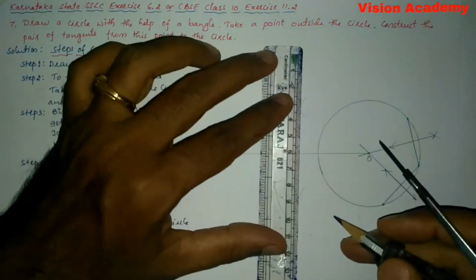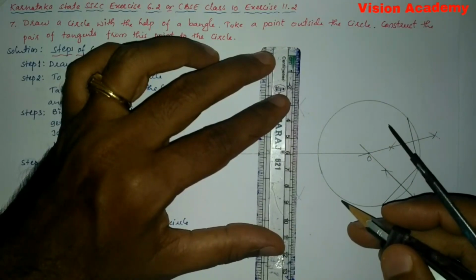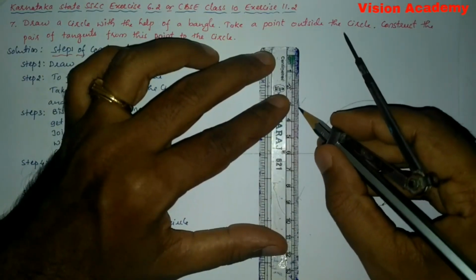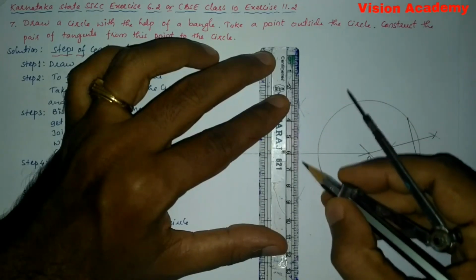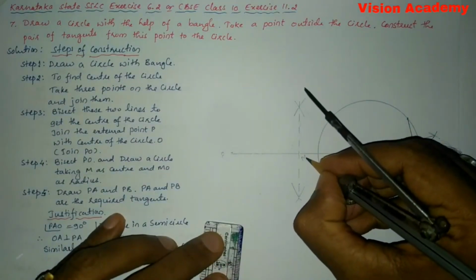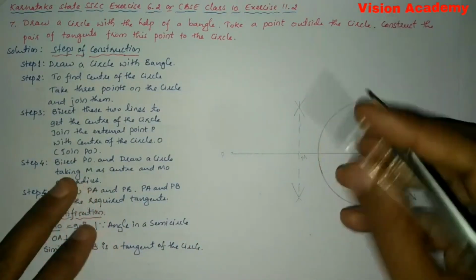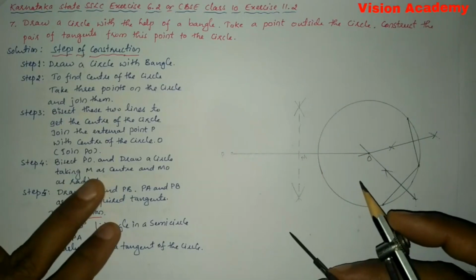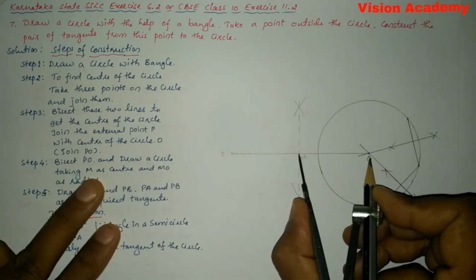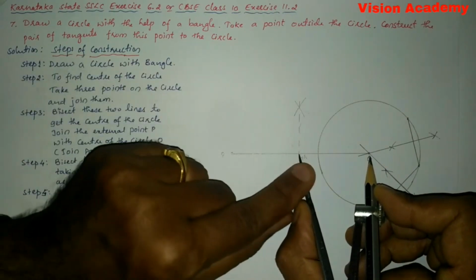So now let us draw a line that joins these 2 points. Here this point is called the midpoint. Let us take this one as M. Now taking M as center and MO as radius, we need to draw another circle.